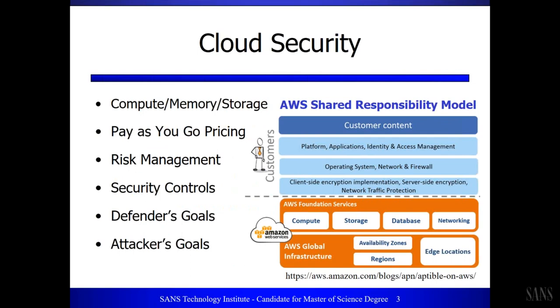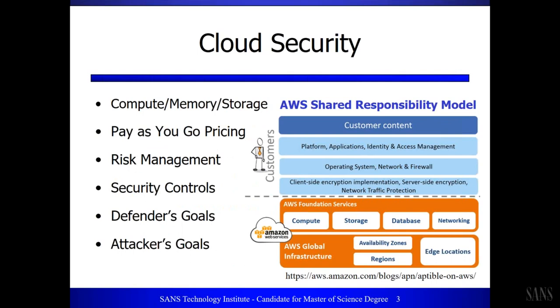The attacker's goal is to exploit this data for their own benefit or else diminish the value of the data, to the detriment of the data owner.